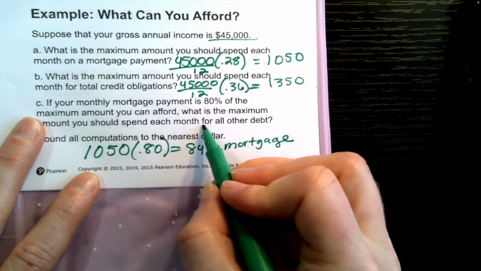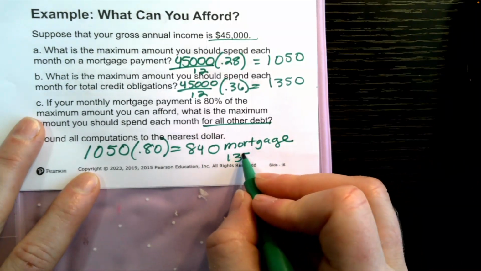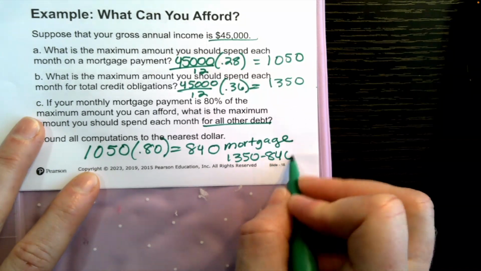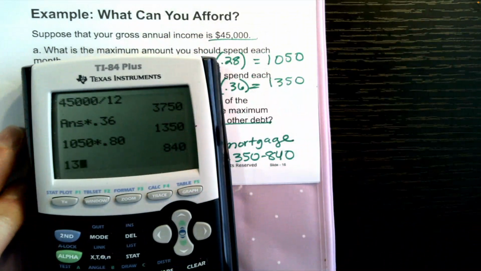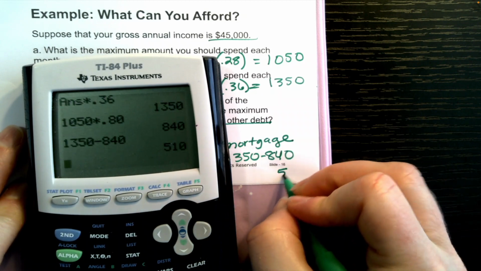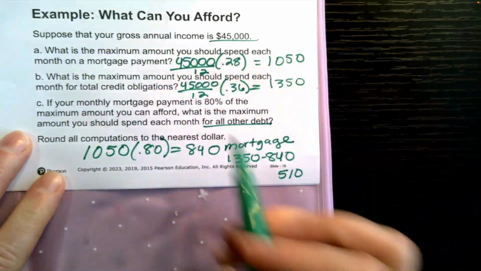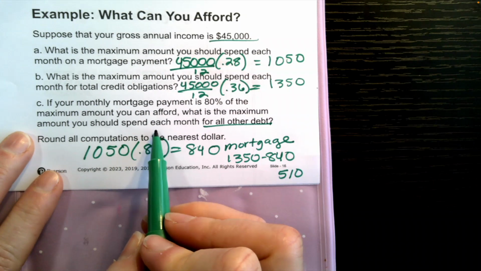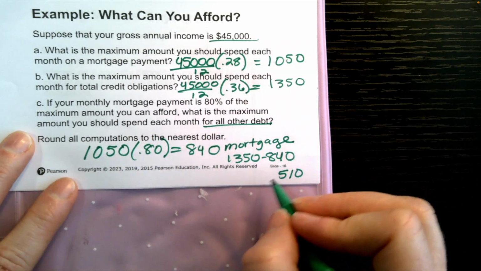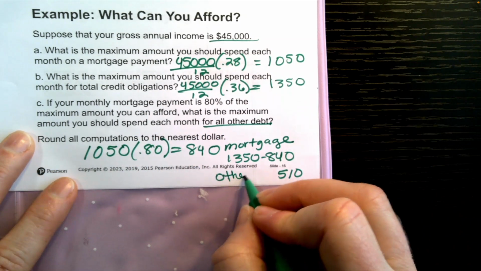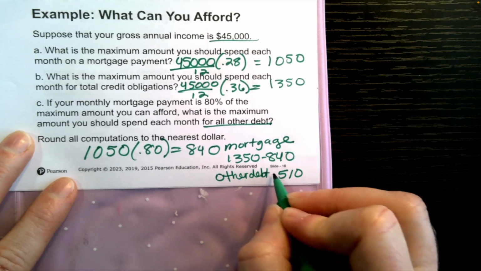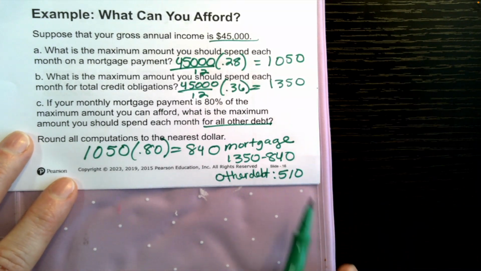So it's saying for all other debt, you need to do the $1,350 minus $840. So $510. So what is the maximum amount you should spend for all other debt? So 510 is all that you can spend.